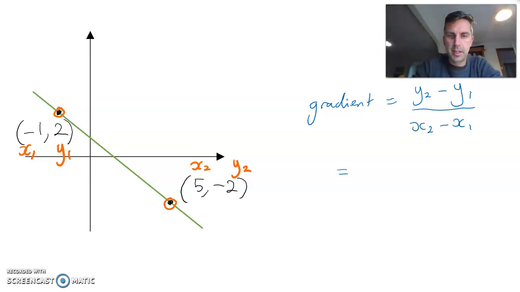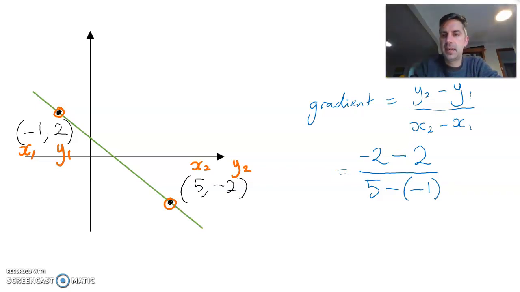So if I substitute in now, y2 is negative 2, take y1, which was 2, and then I'm going to do x2, which was 5, take x1, which was negative 1.